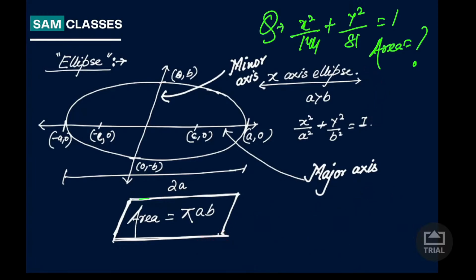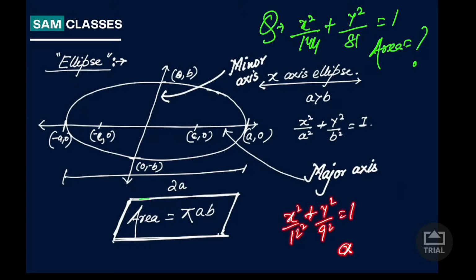Done. Clear, everyone? Where are you stuck, ma'am? Tell me. Very simple, no. Got it? See, x square by 12 square plus y square by 9 square equal to 1.